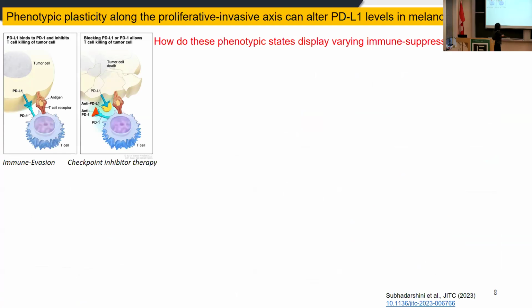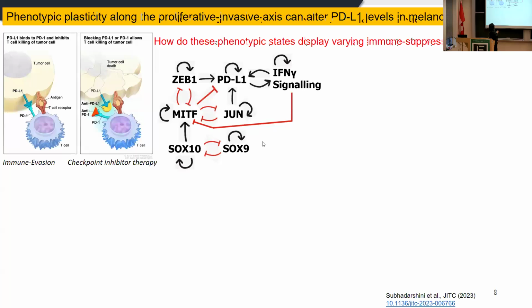Next, something that we were more interested in is looking at combinatorial therapies, looking at immune checkpoint inhibitors. So for this, we saw that these phenotypic subtypes display varying immune suppressive or immune evasive capabilities. So we link PDL1, which is present in your cancer cells, which on binding to PD1, which is present in your T cells, leads to T cell exhaustion. So this is one of the markers to study, and then we connected it with interferon gamma, and then we performed the simulations that we were performing previously.